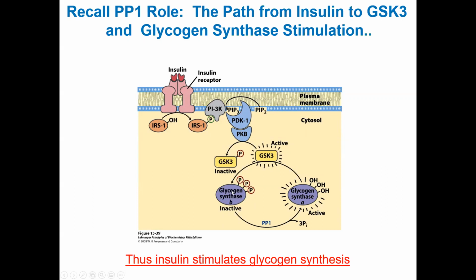The two axes that control the two states of glycogen synthase are the GSK3 enzyme on one side, and on the other side the PP1 enzyme, protein phosphatase 1. When GSK3 is inactive, PP1 is active, and it will take glycogen synthase B in the inactive form and dephosphorylate those 3 phosphoryl groups to generate the active form of glycogen synthase, and that's how you stimulate glycogen synthesis.